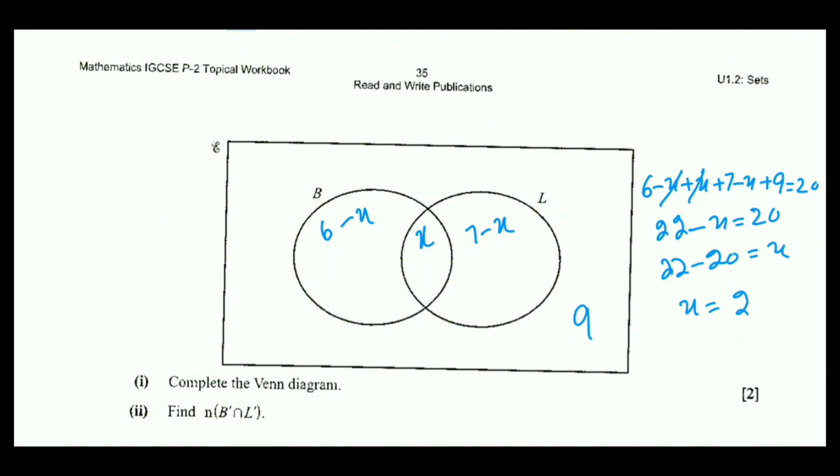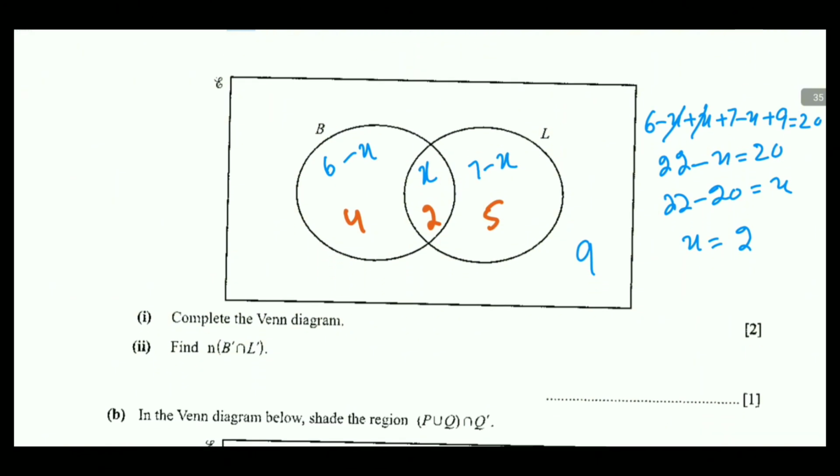Now you will put the values. x is 2. 6 minus 2 is 4. 7 minus 2 is 5. So the first part is done.